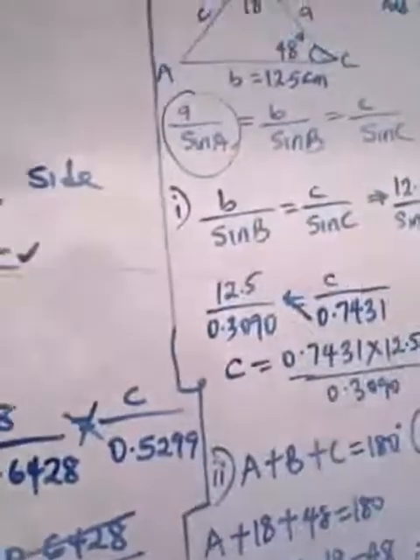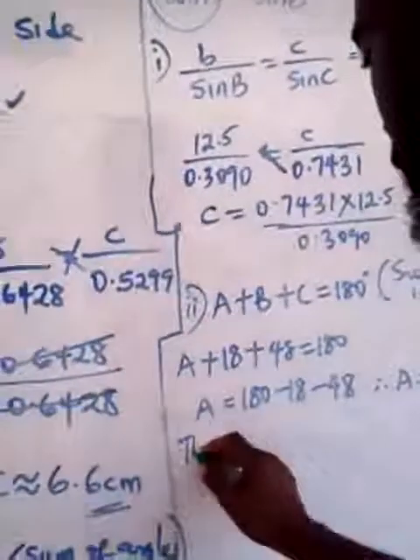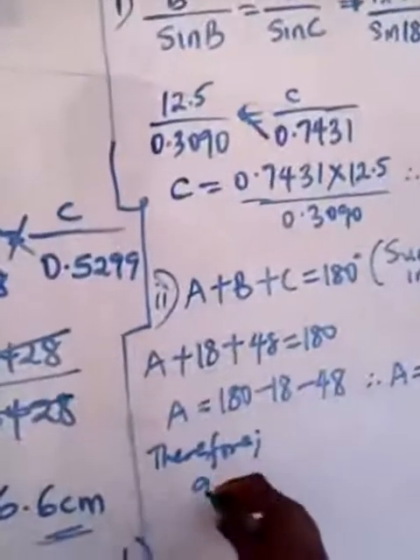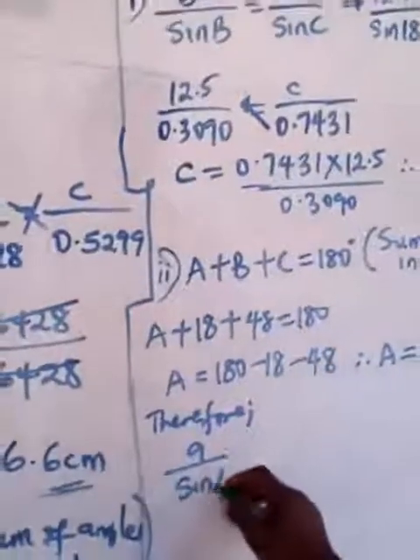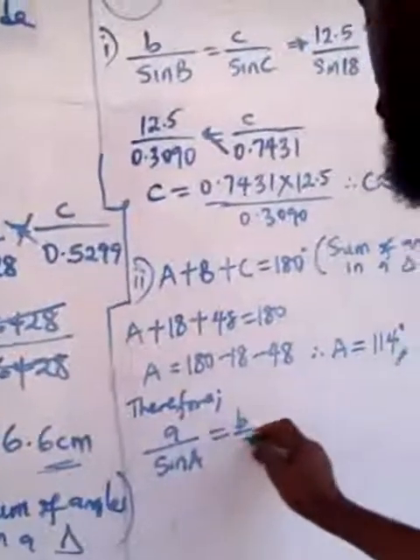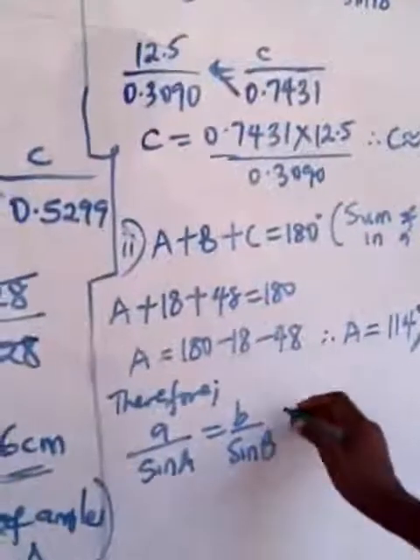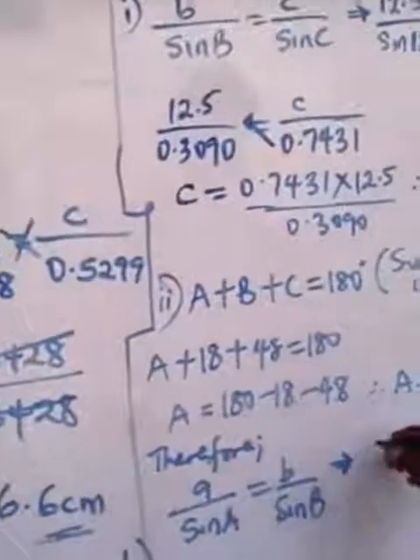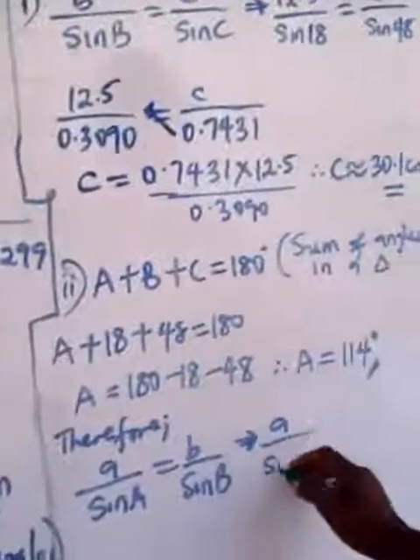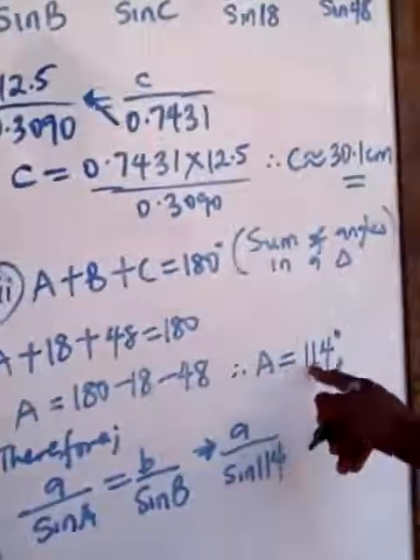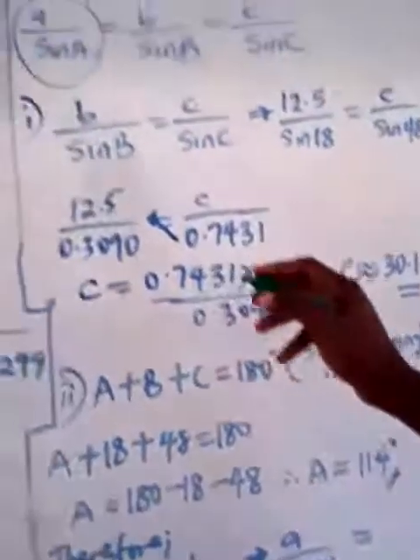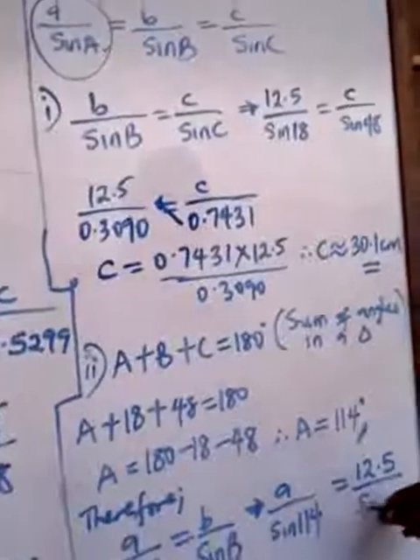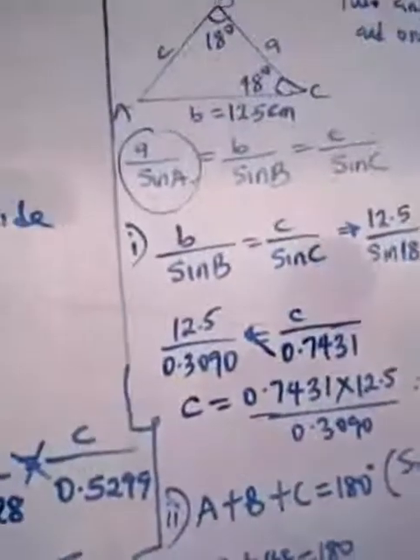So since we know angle A now, we can use it to find small letter a. Let's use it with b. Therefore, using the sine rule, we have a over sine A is equal to b over sine B. Small letter a is what we are looking for, over sine 114, that's angle A, is equal to small letter b, that's 12.5, over sine angle B, which is 18.